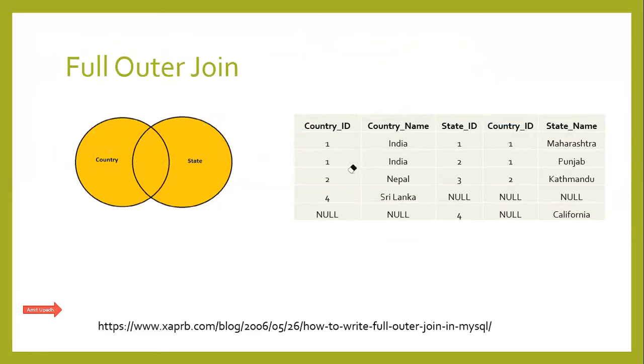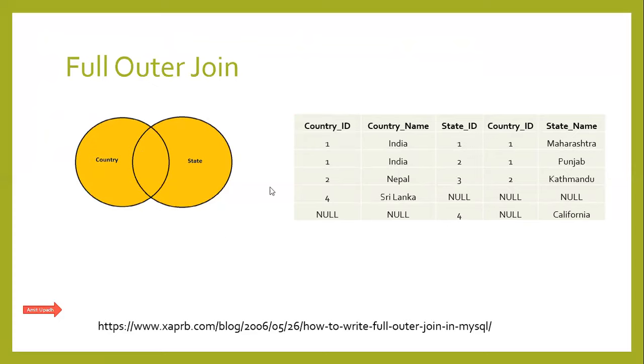Now, the only catch is that if you try and actually run this, it may not work on MySQL, because the full outer join is not there in MySQL. It is there in some of the other forms of SQL which you can install on your computer. If you remember the presentation that I used last time, it had an installation process for SQL on your computer.